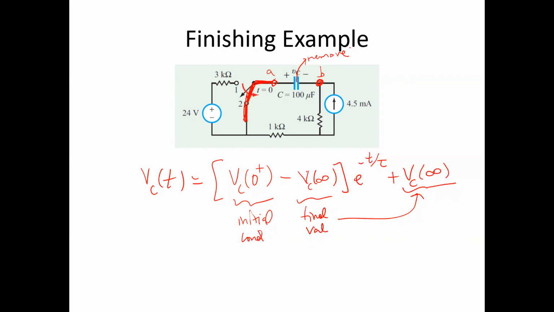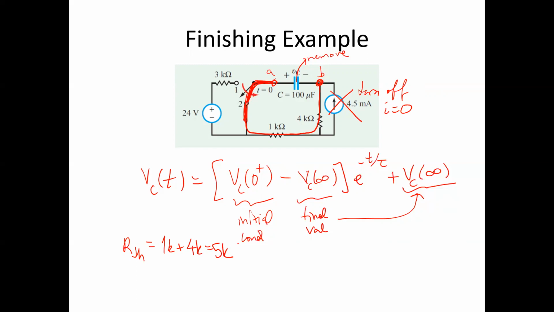So if we go ahead and turn off this 4 milliamp source, which means that I equals 0, this is the test volt method way of solving it. Then you can see that along A to B, we have a series combination of 1K and 4K. So our R Thevenin is going to be equal to 1K plus 4K, which is equal to 5K.